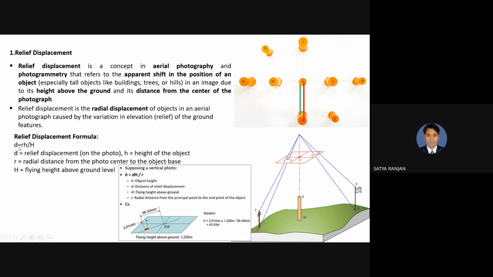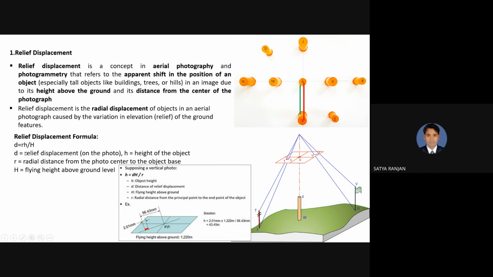So this is one of the formula for the relief displacement. D is equal to r h by capital H. D signifies the relief displacement, and r is the radial distance from the photo, capital H is the flying height, and small h is the height of the object.